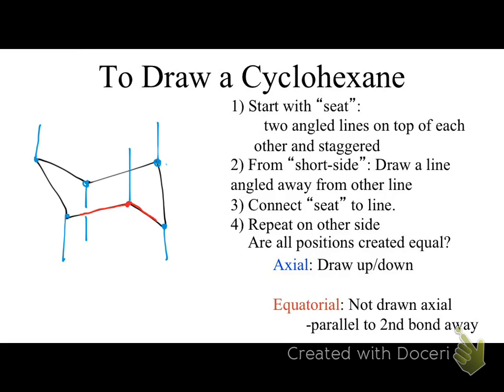Equatorials are a lot more difficult to identify, and in general, what I would recommend is just not drawing them axial. Which sounds kind of obnoxious, but it works fairly well. So if we pick, again, our tail carbon here, where was our axial? Down. So, where's not axial? We could start pointing up.